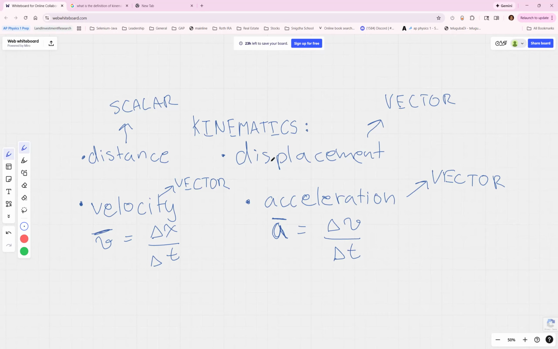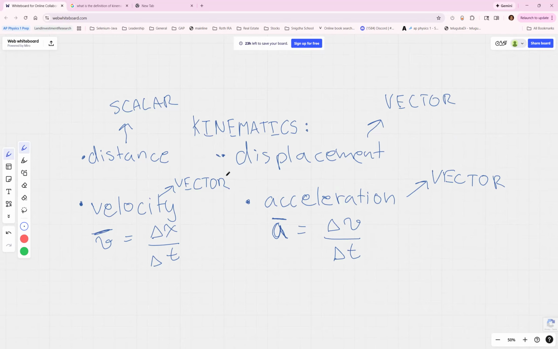We notice that displacement is related to distance because it's the shortest distance between the final and initial positions. XF minus X naught, that's your displacement. It's connected to distance, but with different definitions. Velocity is connected to displacement because it tells you the rate of change in displacement with respect to time.